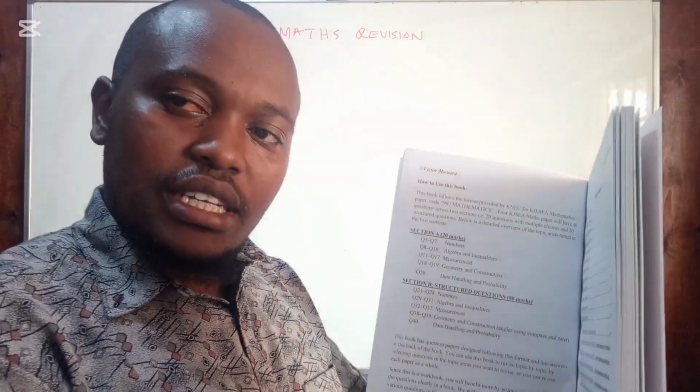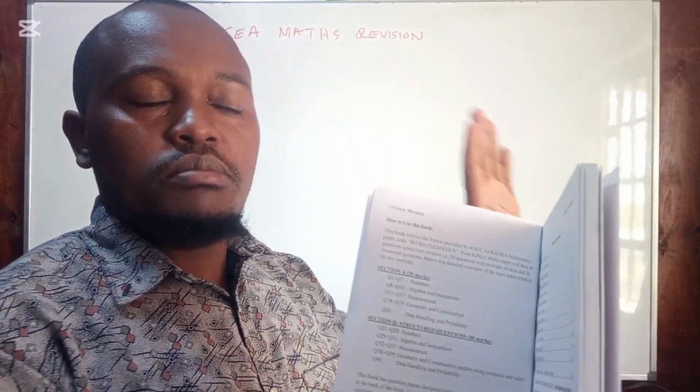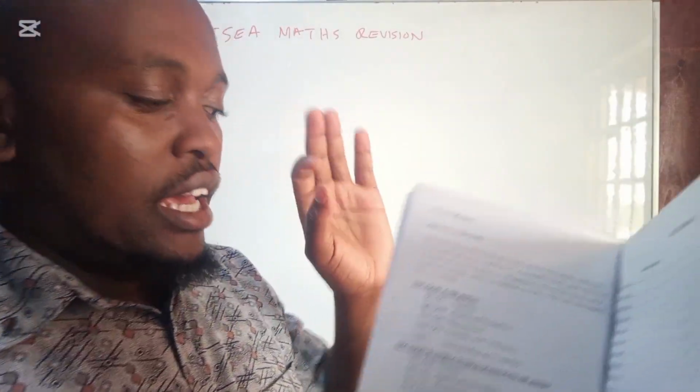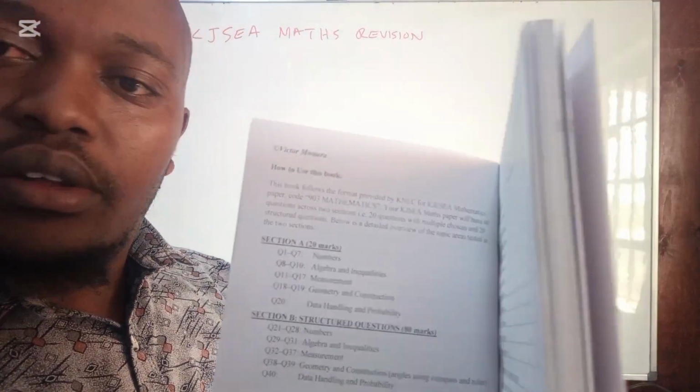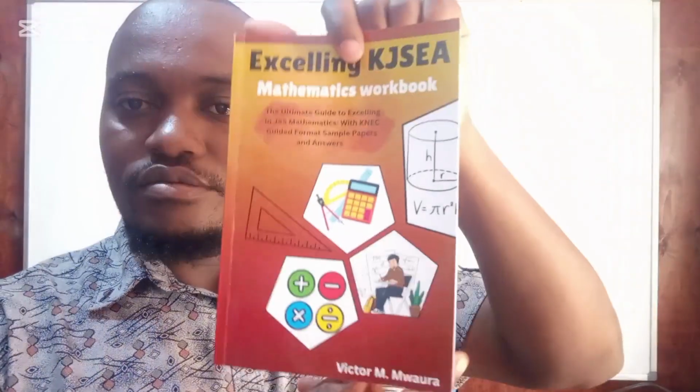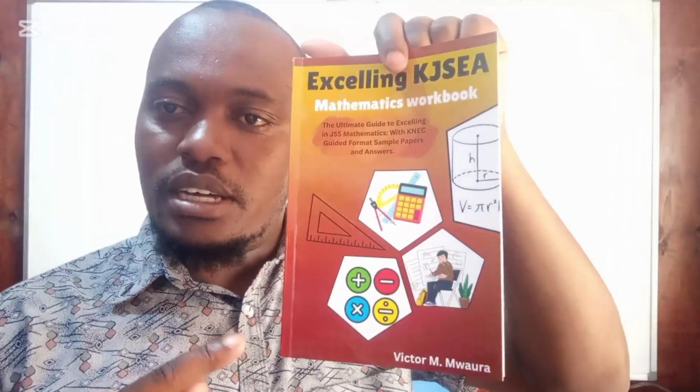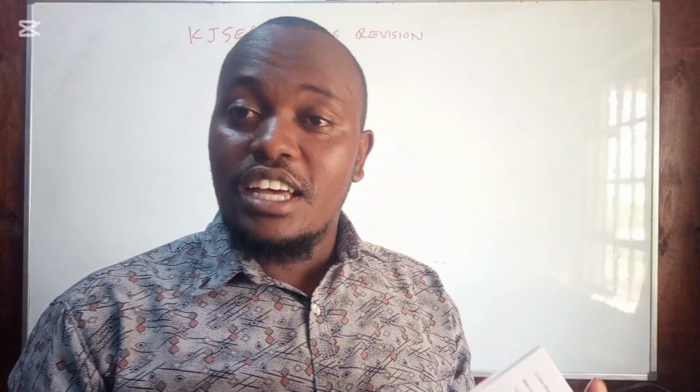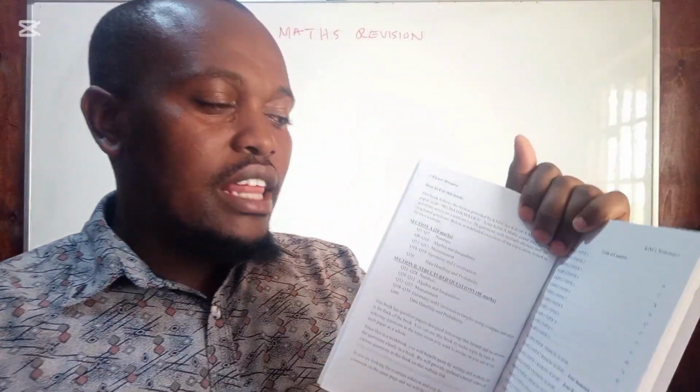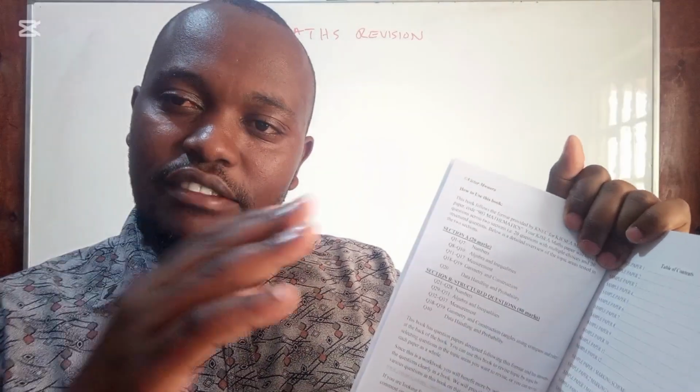That is what I predicted, and that is exactly what came in the exam. That format is what this book follows. And then comes the exam, which follows the exact order: question 1 to question 7, numbers, and so on and so forth.